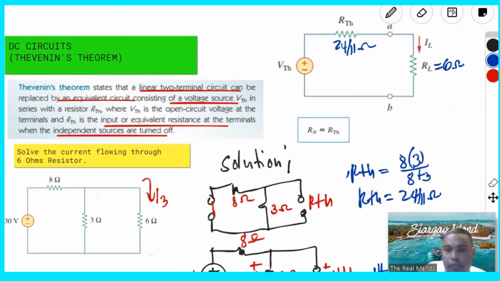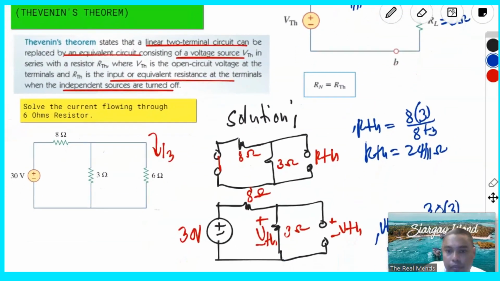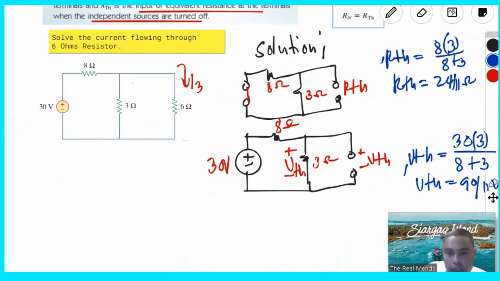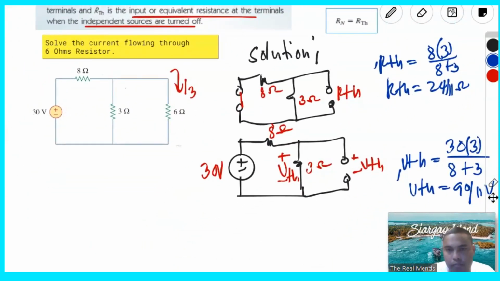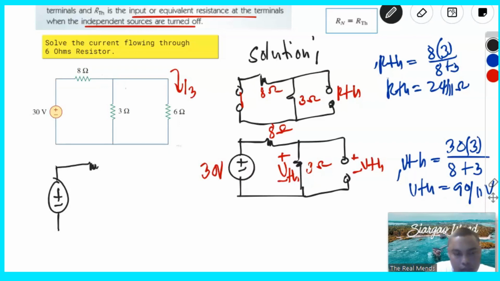Okay, so from that, can we draw at the bottom the Thevenin circuit? Okay, and then this is our load.